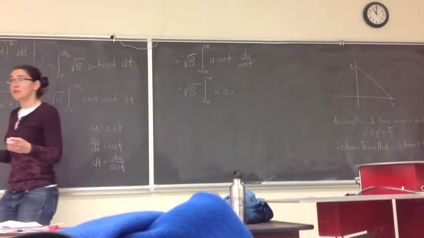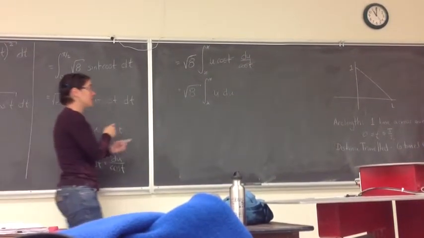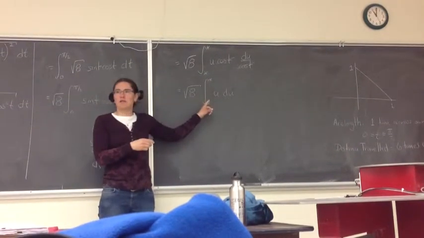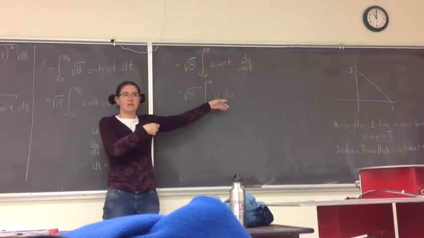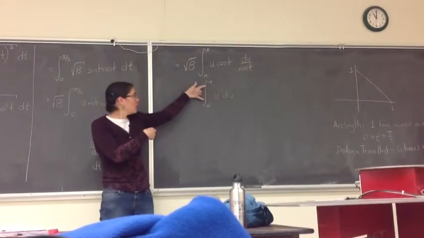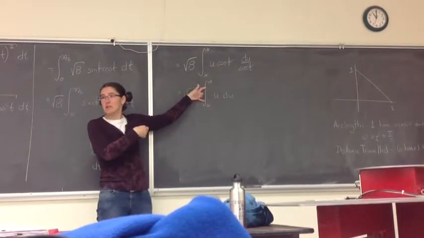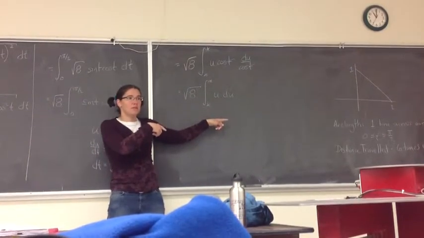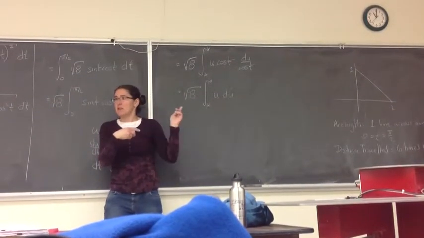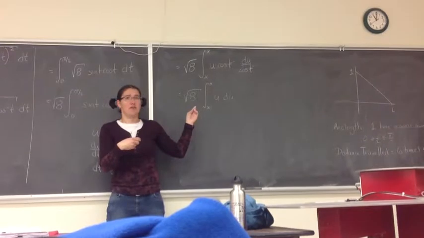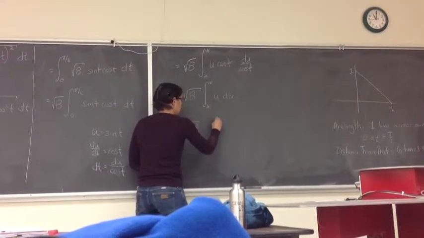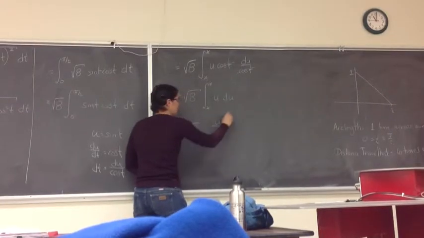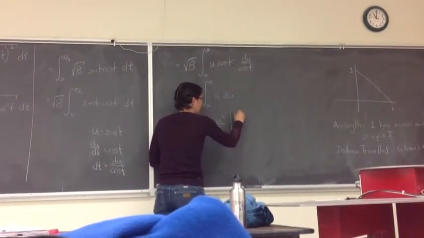My two options: number one, I can change these into u boundaries and then take my antiderivative and plug these values into my antiderivative. Or I can leave these as t boundaries, do my antiderivative, turn back into t's, and then plug in the boundaries. And I think today that's what I'm going to do. So here we've got our square root of 8 times u squared over 2 evaluated on our boundaries.